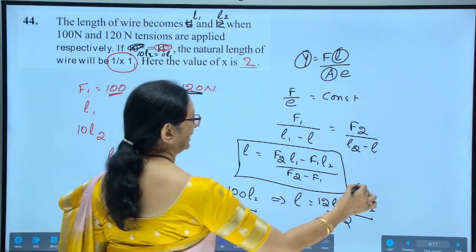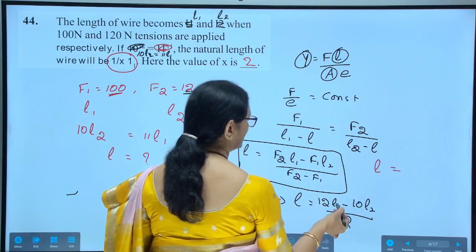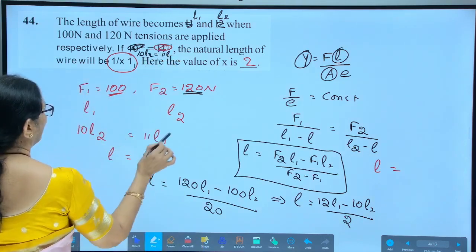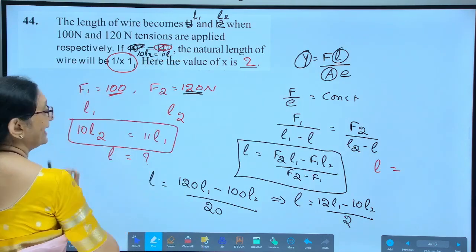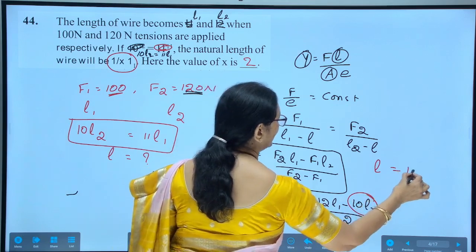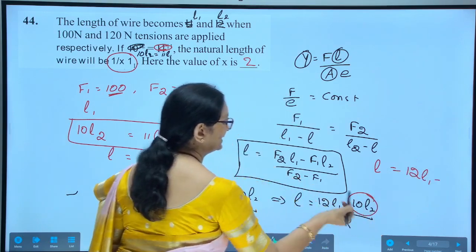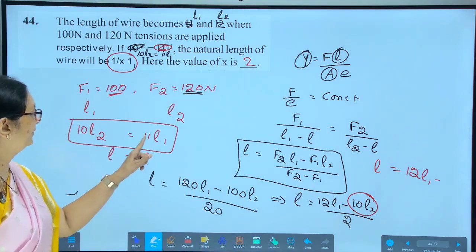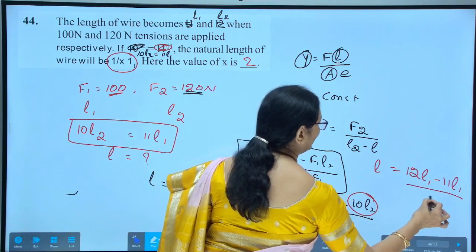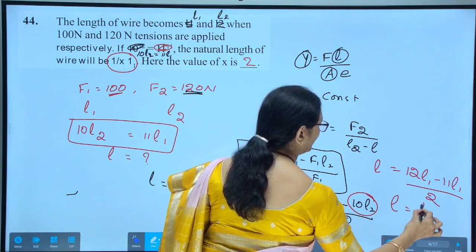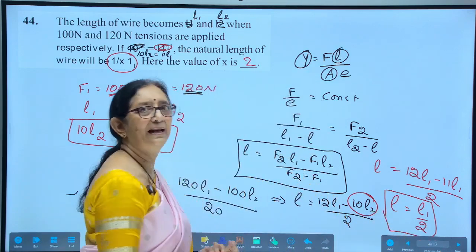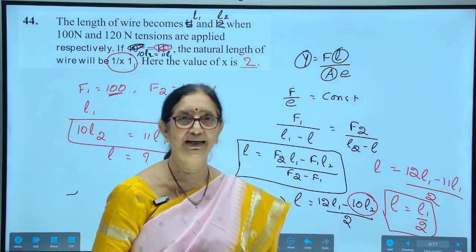Now, look here, L is equal to (12 L1 minus 10 L2) by 2. But here it is given 10 L2 is equal to 11 L1. So, in place of 10 L2, I am replacing 11 L1: (12 L1 minus 11 L1) divided by 2. So, L is equal to L1 by 2. So, the natural length of the wire is L1 by 2.